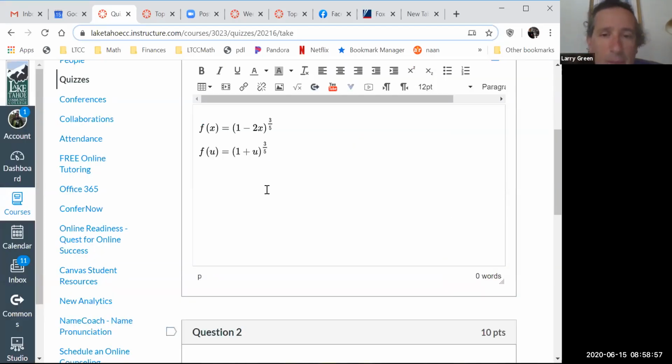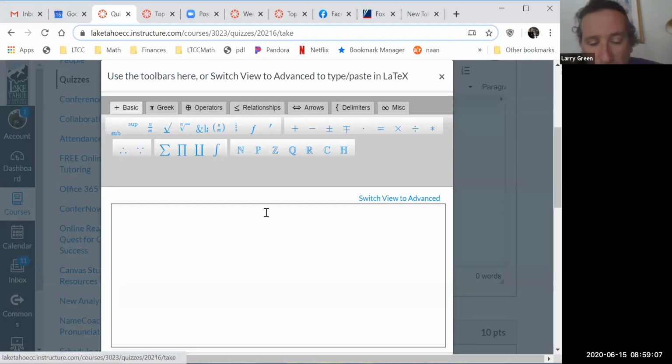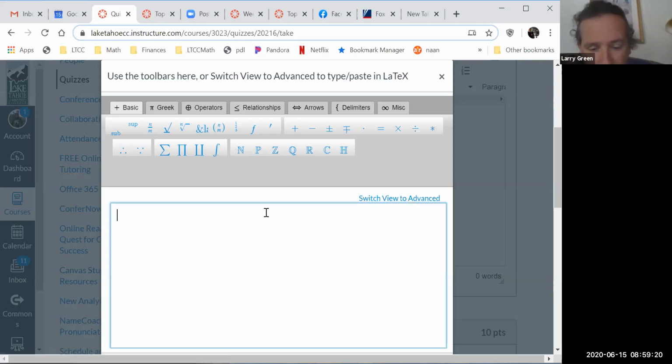So then you have to remember the binomial expansion. And who remembers how the binomial expansion works? So let me write that out. That was in general, and I'm going to use u instead of x just because we've got u. And that is 1 plus u to the 3/5 equals, what's the first term?